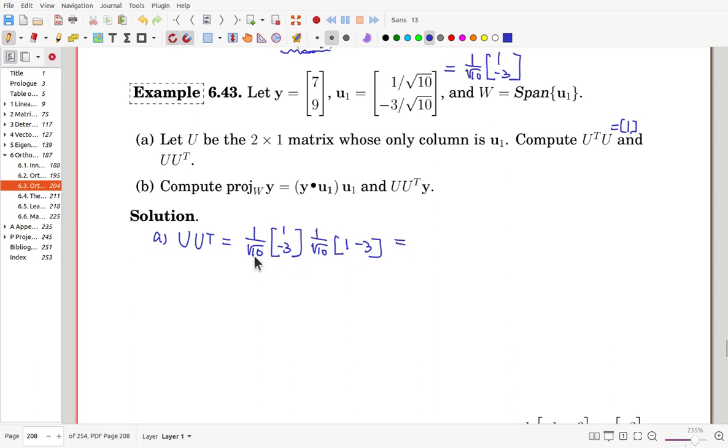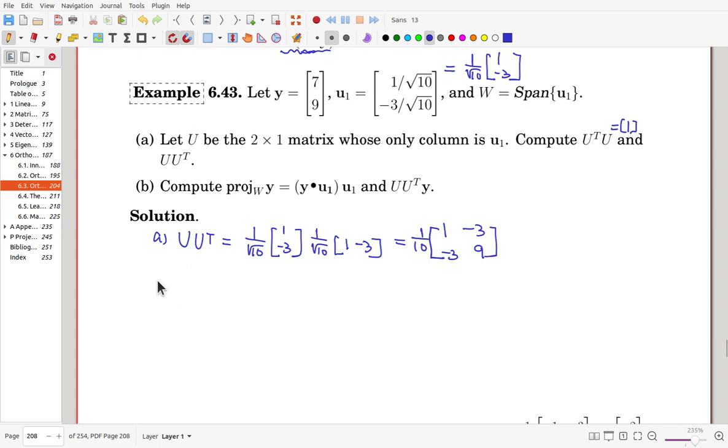We first multiply the coefficients, and that will be 1 over 10. And then we form a 2 by 2 matrix from this outer product. 1 times 1 is 1. 1 times minus 3 is minus 3. It's symmetric, so it must be minus 3 again. And this last one is 9. We get UU transpose.